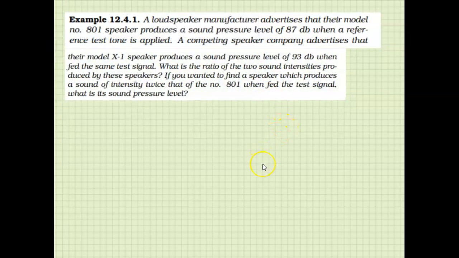All right. A loudspeaker manufacturer advertises that their model number 801 speaker produces a sound pressure level of 87 decibels. So that's the unit measured for sound when a reference tone is applied.